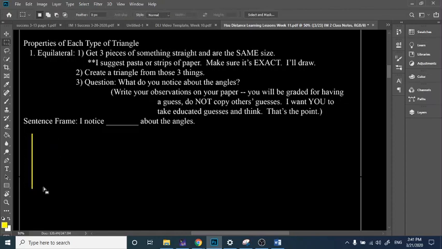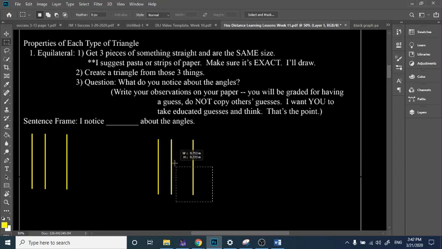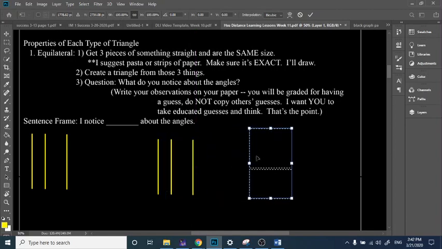And how I'm going to make sure they're identical is I'm going to use Photoshop to copy them so that they are identical. So let's try to create a triangle from this. I'm assuming at this point you have 3 pieces of pasta or paper or, I don't know, toothpicks or something like that.